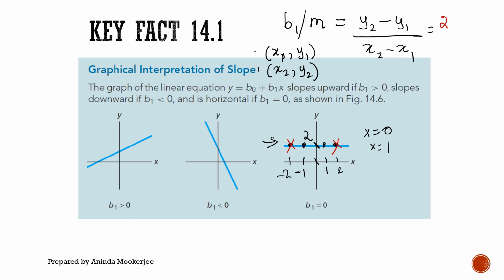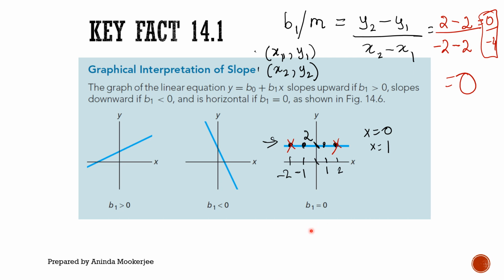So we'll end up doing 2 minus 2 in the numerator, but x can be anything, minus 2 minus positive 2. So the x value can be anything, it doesn't matter. If the numerator is a 0, the result will always be a 0. So that's how for a horizontal line, we always have a value for slope b sub 1 equal to 0.